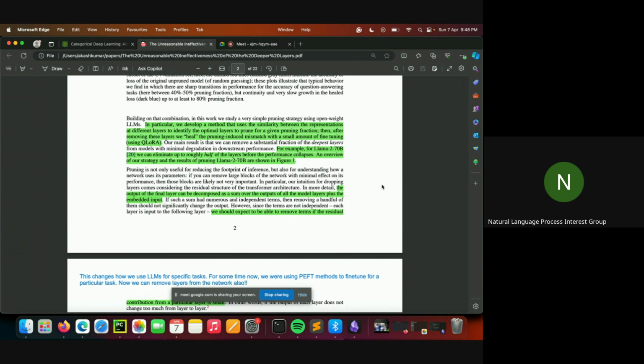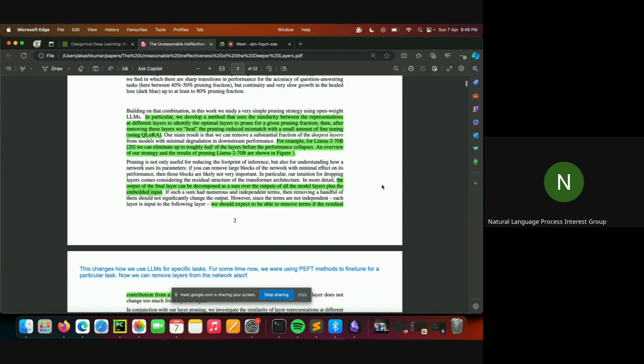We think of the entire architecture as stacked on top of each other, but because of the skip connections, we can think of everything as being in parallel to each other. So their assumption is that they can treat all these parallel components in this architecture as independent, and if they can treat them as independent, how many of these components can they remove?